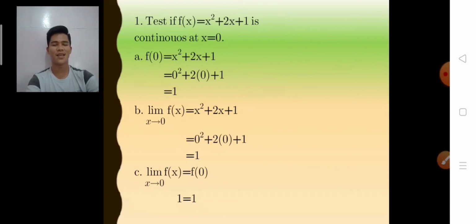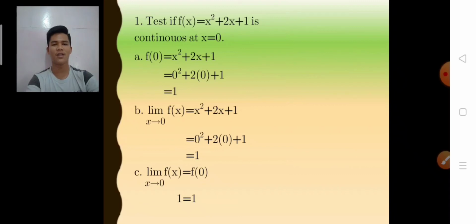Let's proceed to the second condition. The limit as x approaches 0 of x squared plus 2x plus 1 is 0 squared plus 2 times 0 plus 1, which is equal to 1. Condition number one and condition number two are equal.